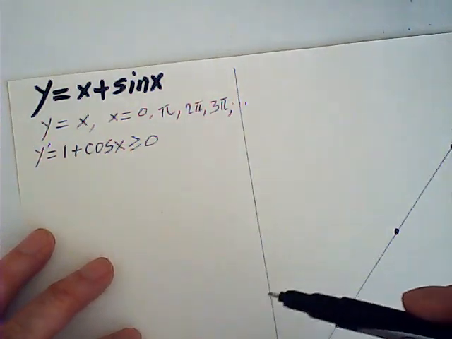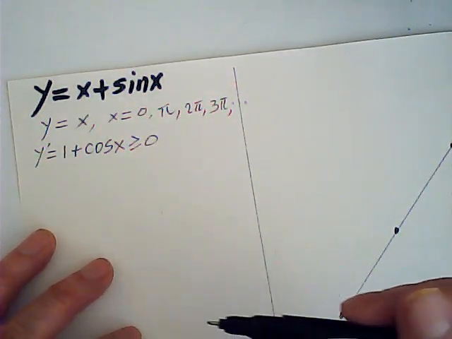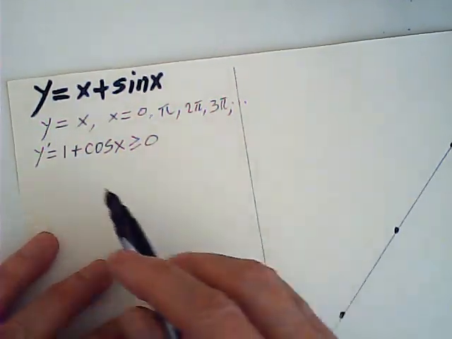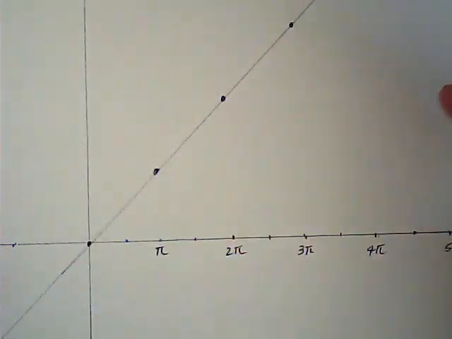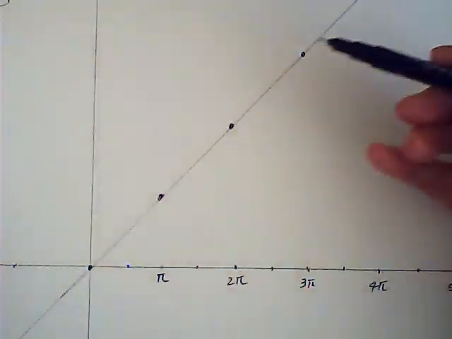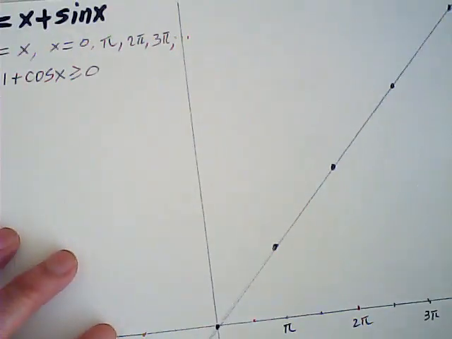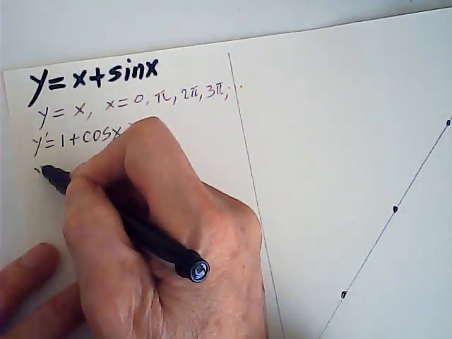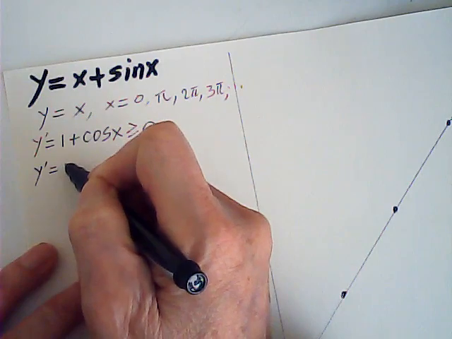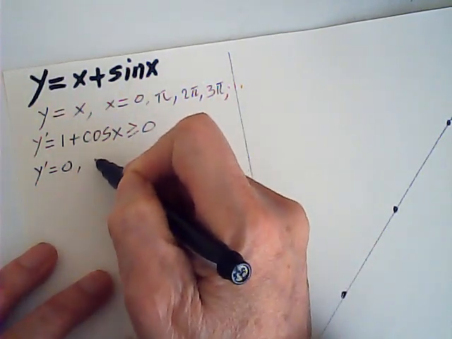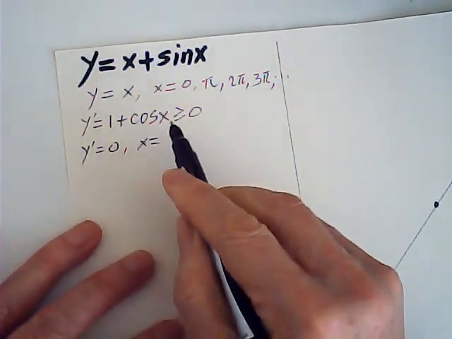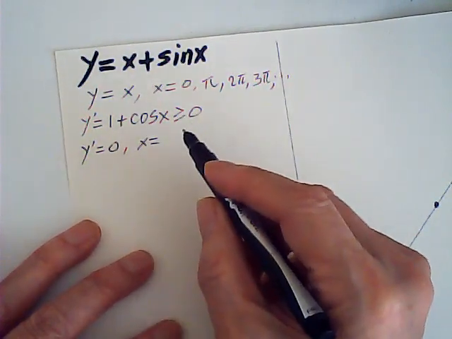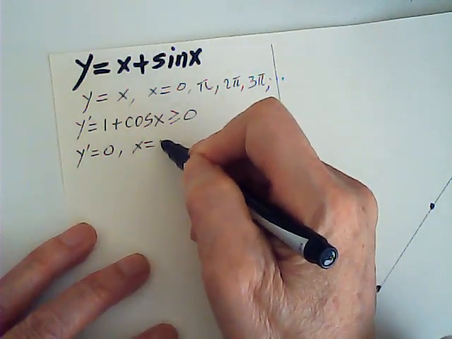It's increasing or 0, but not decreasing. So the curve is something like that, always increasing. And at the derivative equal to 0, we're looking for cosine x equals negative 1, right?